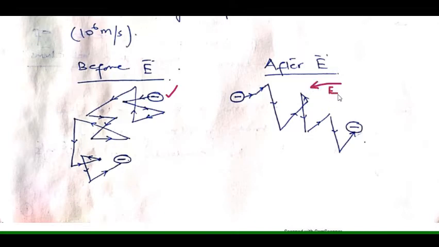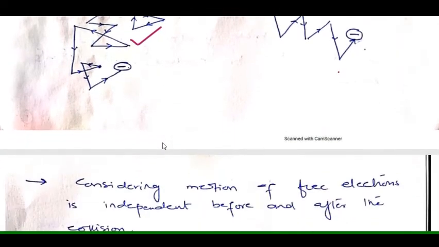Obviously, it's not like that when we apply the electric field, all the electrons immediately start moving straight. They take a little time, align themselves, and then start moving in the direction opposite to that of the electric field. This is after the field is applied, and the other figure shows before the application of the electric field to the conductor.